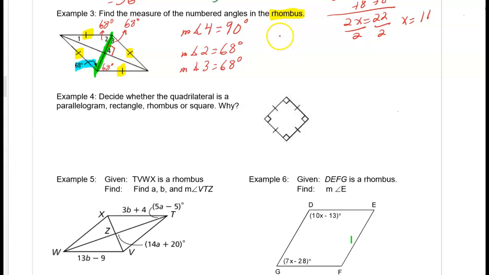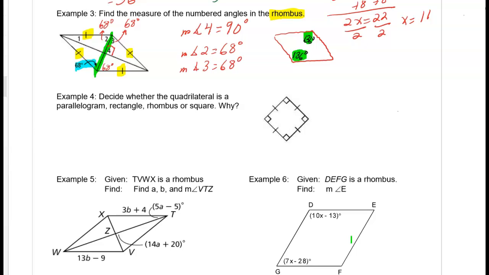So I'm going to redraw this diagram, and I'm not going to draw in the diagonals. So when I redraw that diagram, if I were to add 68 plus 68, I get 136. So these two angles, without the diagonals, and I'm just going to highlight them here in green, are 136.